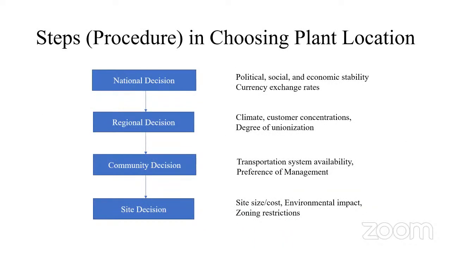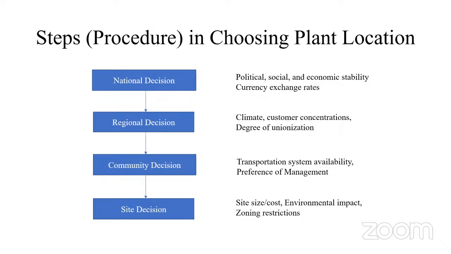Steps and procedure to be followed in choosing the location. National decision: as we all know, political, social, and economic values are to be considered while choosing our location. Regional decisions are mainly based on climatic conditions and customers' demand, what customers want. Then the community decision basically implies the transportation system, how the transportation system is in a certain area.